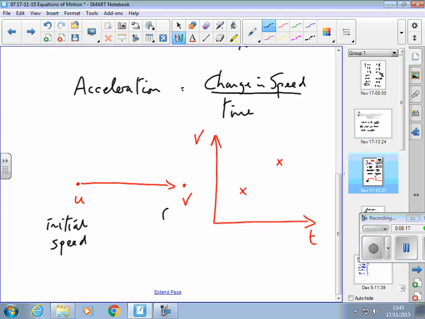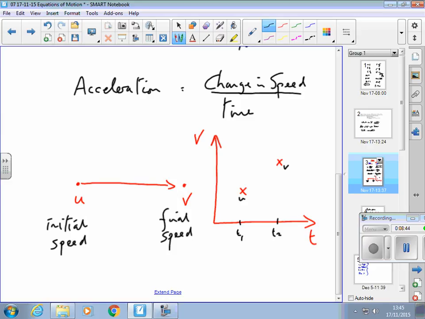V means the final speed. So that could be U, and that could be V. And this is the time in between there, T1, and there, T2. So U, V, T1 and T2.